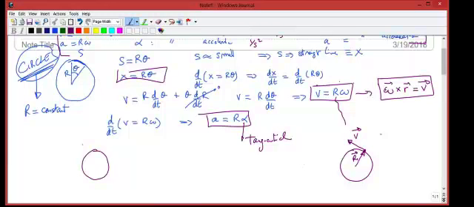But all those kinematic variables in rotational motion, alpha, omega, and theta, are all perpendicular to the board, even though in most books they show it like this. Very misleading. So remember, omega is either into the board or out of the board.